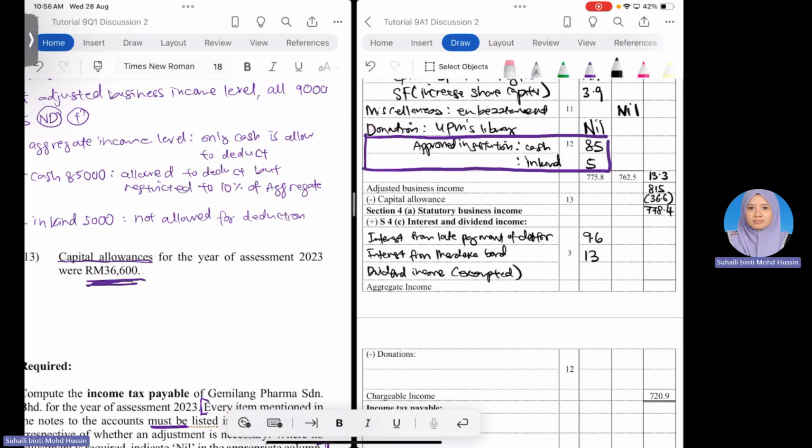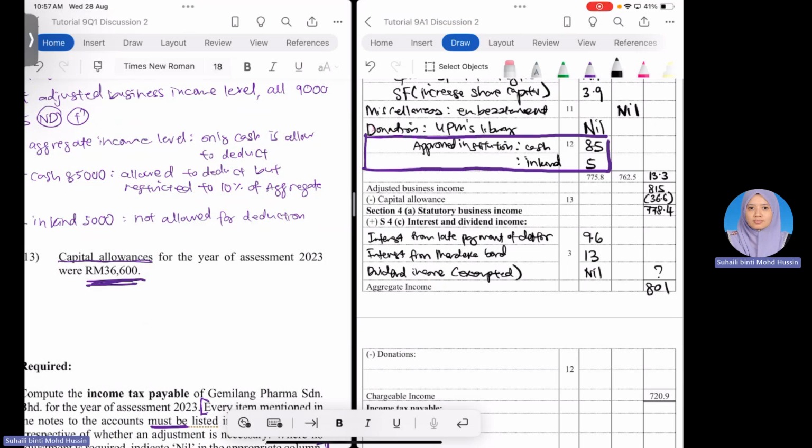It doesn't matter whether you are an individual or a company. If you are a shareholder, it will be exempted from the tax. So total up the amount, bring the amount here, and then section 4A plus C, you get the aggregate income, 801,000 ringgit.